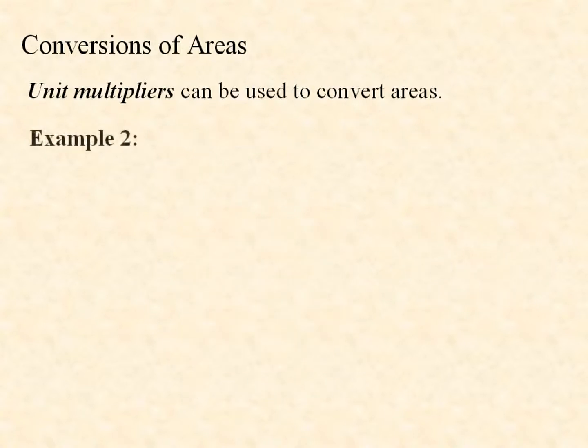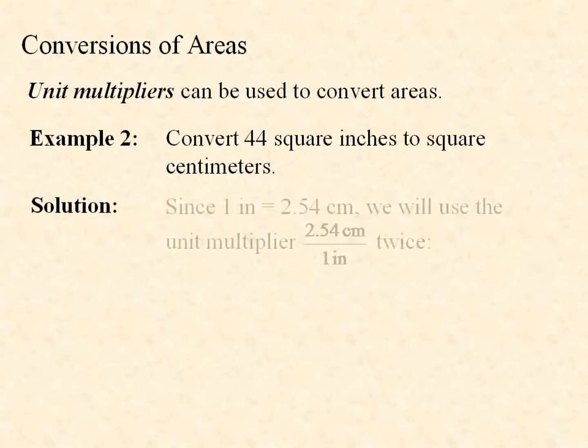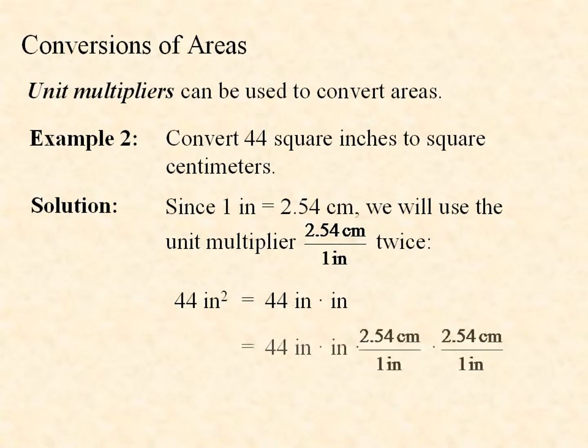Example 2. Convert 44 square inches to square centimeters. One inch is 2.54 centimeters. So we will use the unit multiplier 2.54 centimeters over 1 inch twice. 44 square inches is 44 inches times inches.